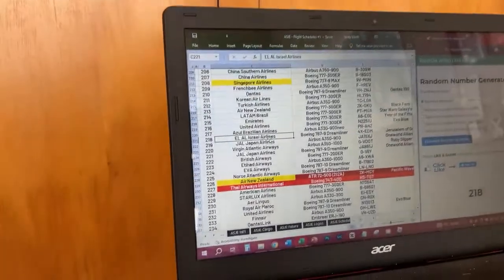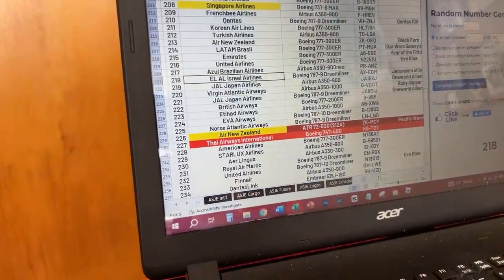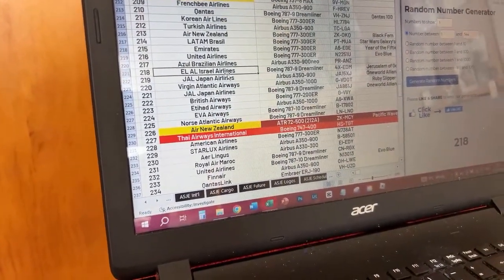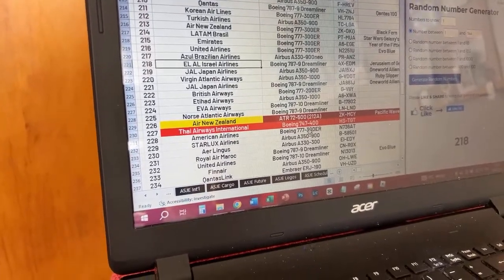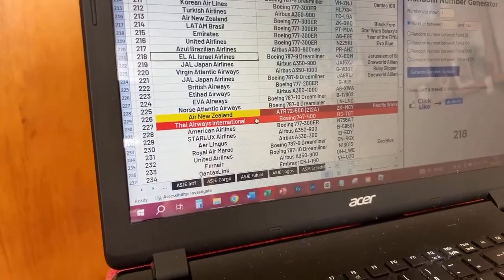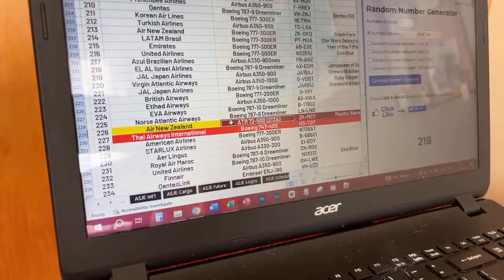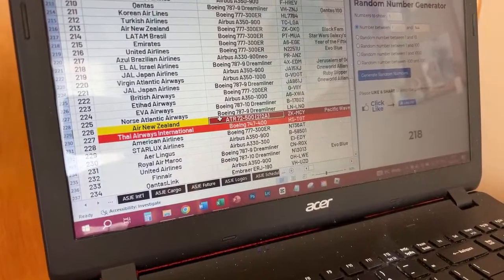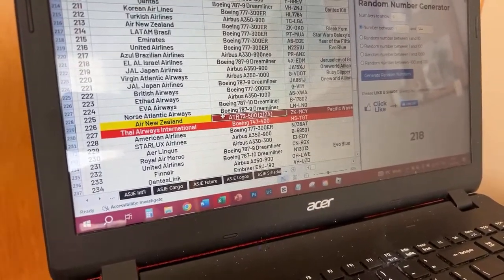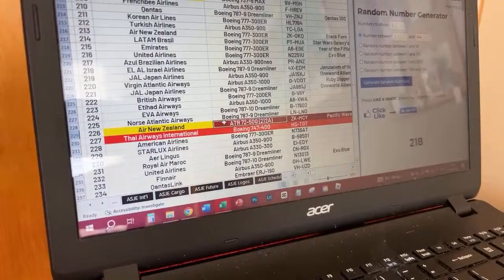I should also mention the ones that are in red are in my classic collection just here. And the ones that are in burgundy are models that are also in my classic collection, but are also on my airports network.